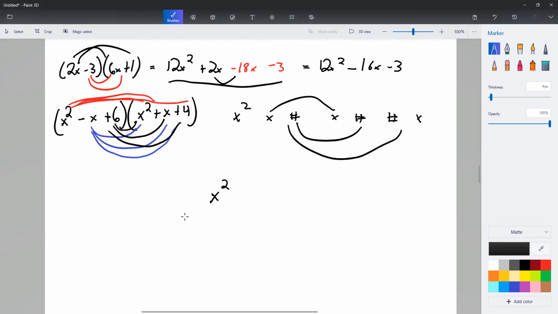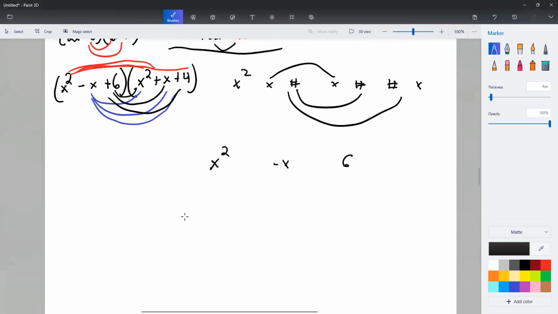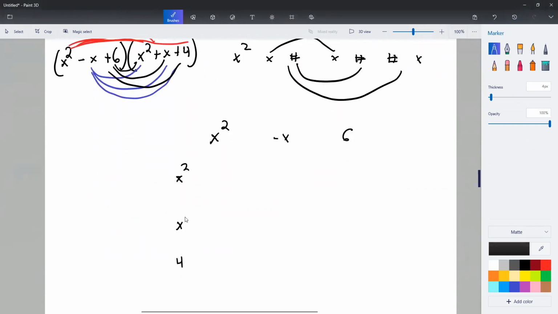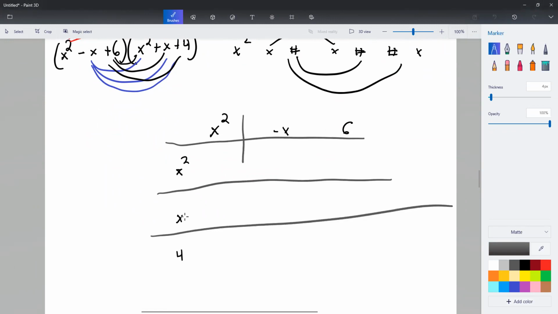So let's write out the terms: x squared minus x, 6, and then let's write out x squared, x, and 4 over here. What I've made is basically a little table. We're going to multiply it the same way, but I'm going to show you a neat thing that comes out of it when you use a table to do it.